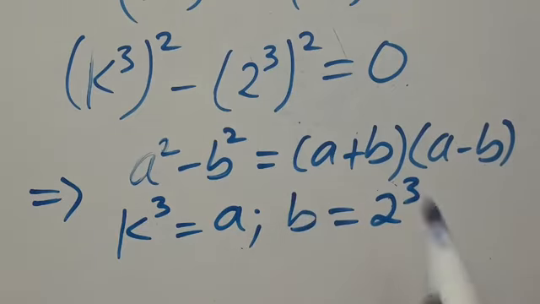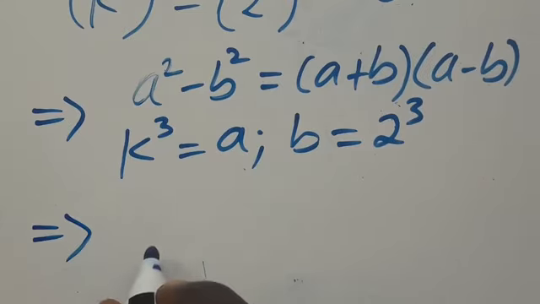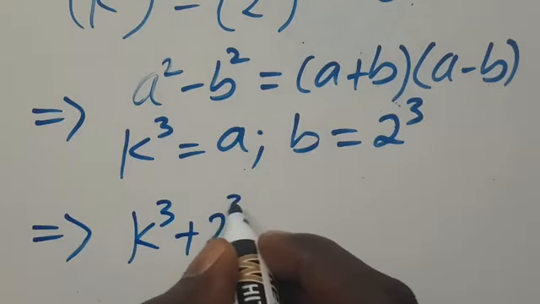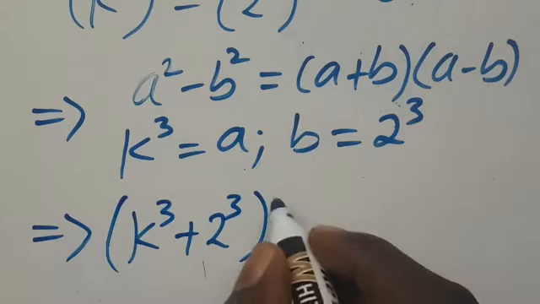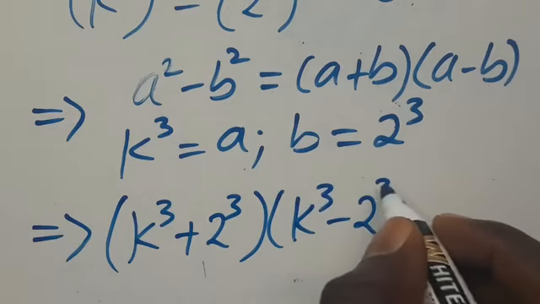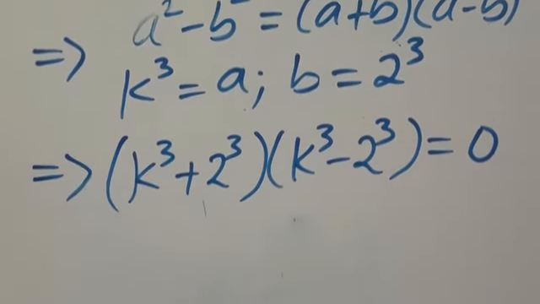So by plugging it in, we are going to have k to the power of 3 plus 2 to the power of 3, all in bracket, multiplied by k to the power of 3 minus 2 to the power of 3, all in bracket. Then we set everything equal to 0.